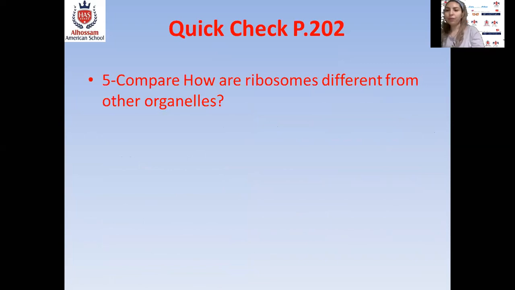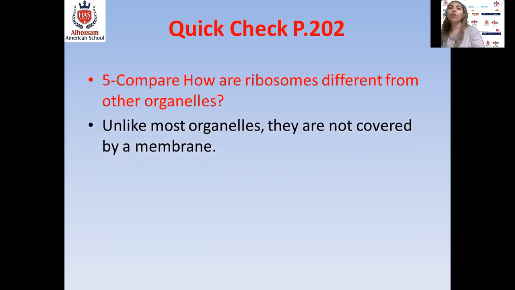Okay, Jury. Because ribosomes are not covered by membrane. Okay, how are ribosomes different? They are not covered by membrane like other organelles. Thank you so much. Okay, well done. Unlike most organelles, they are not covered by a membrane.